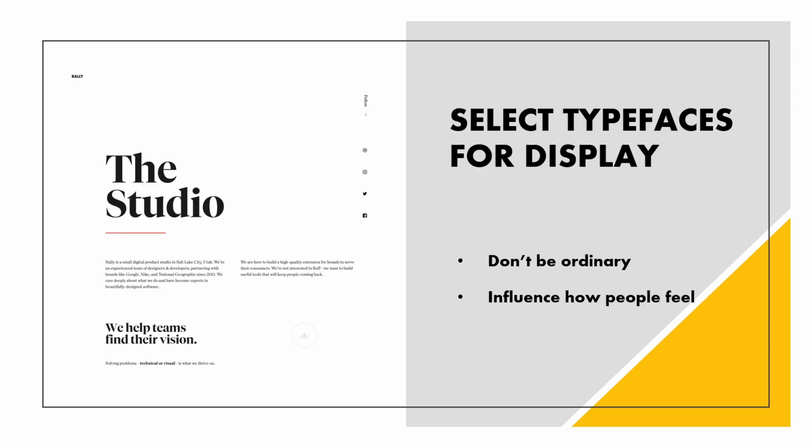So the next part is choosing typefaces for display. Now, display text is all about appeal. Okay, it's all about being attractive. Its purpose is to draw your reader into the content.